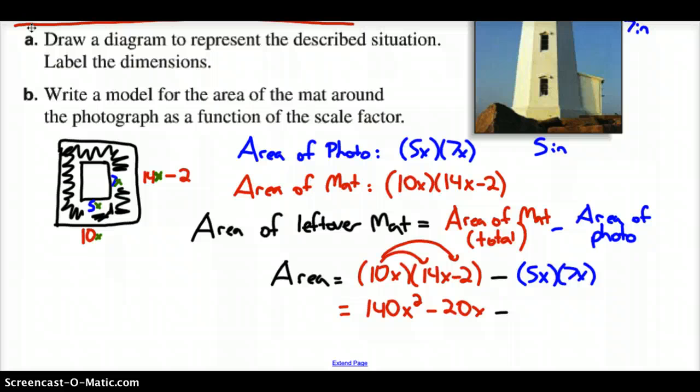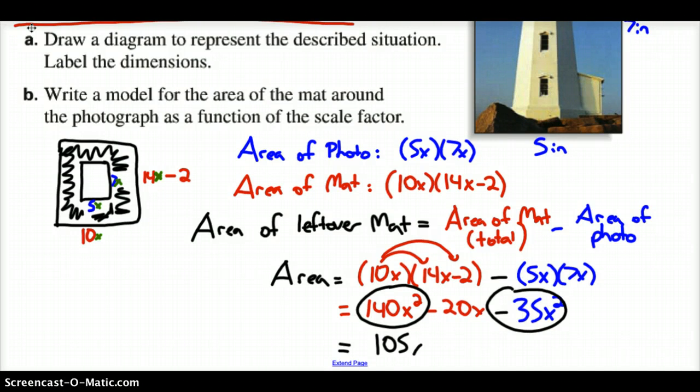Well, 5x times 7x is just going to give us minus 35x squared. At this point, we're going to combine these like terms. Our final simplified answer for the area of the mat that's left over after the photo is placed on it is 105x squared minus 20x.